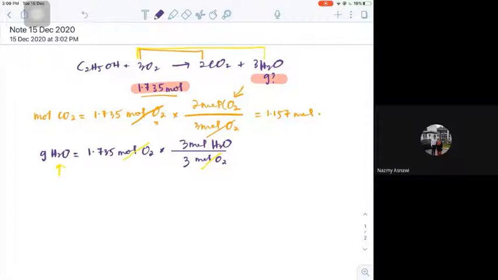But we don't want mole of H2O, which means we have to cut this mole of H2O. We want mass. How to cut mole of H2O and reach the mass of H2O is by using the molar mass. If we have 1 mole of H2O, we are actually having berapa molar mass H2O?